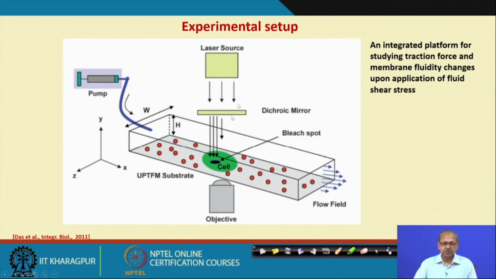Cells are attached, then we are labeling the cell membrane with DIO fluorophore, and a laser source we are using for measuring FRAP. The whole setup will be placed on the microscope stage, then we are measuring it. So, this is an elegant integrated system to measure FRAP with respect to flow.